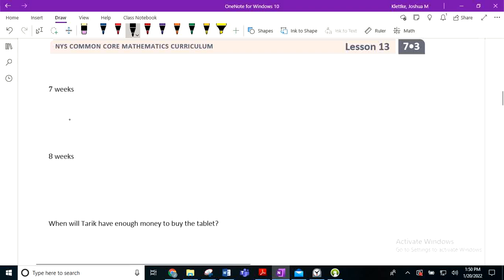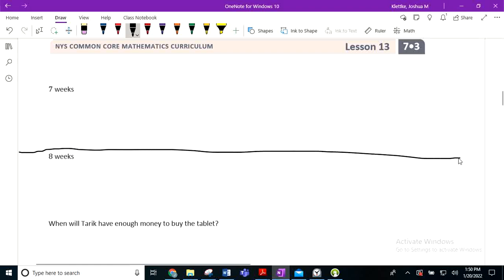Now they're asking about 7 and 8 weeks. Well, if we keep going, seven weeks, he would have $40 plus 38 times 7. 38 times 7 gives us 266.